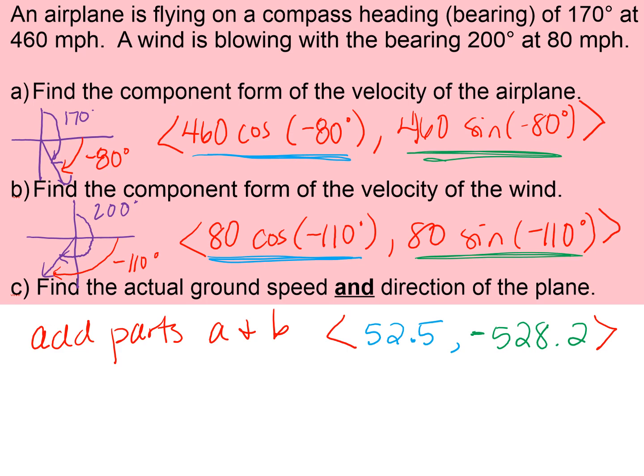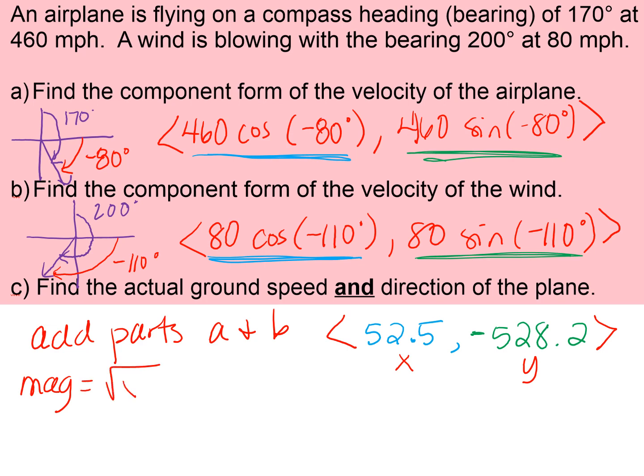So those are the actual horizontal and vertical components of where the plane is actually going. So again, remember, the first coordinate is your x or your horizontal. The second coordinate is the y or the vertical component. And so our magnitude, remember that was where we used the Pythagorean Theorem.